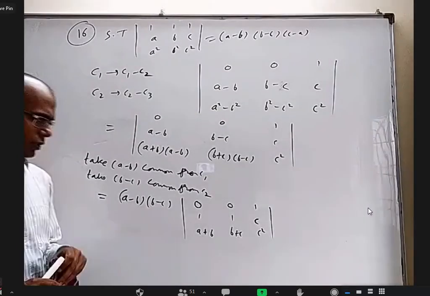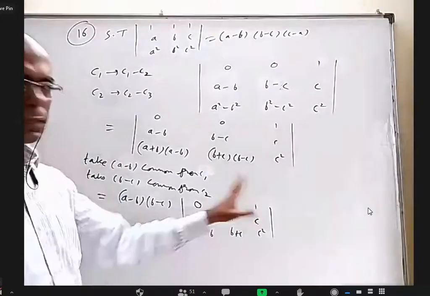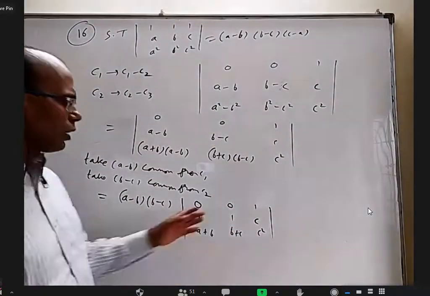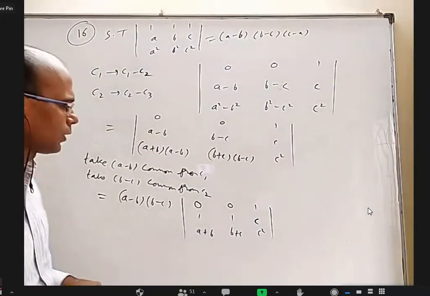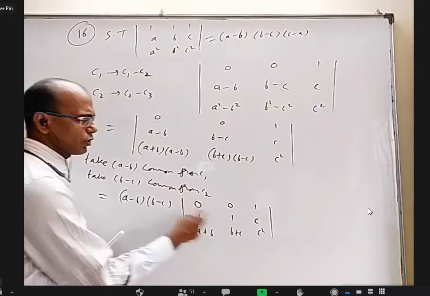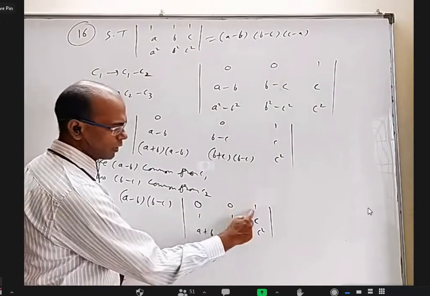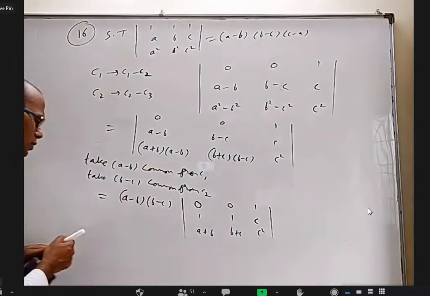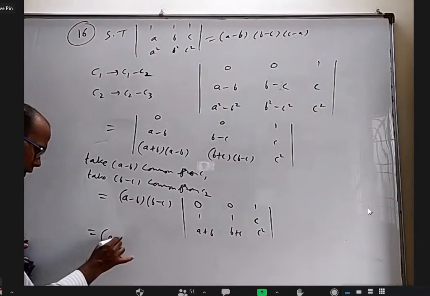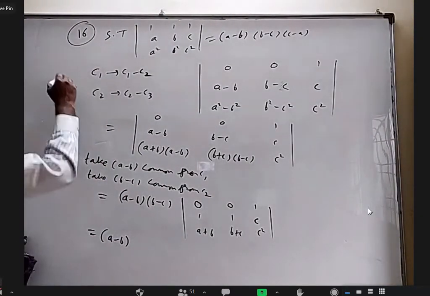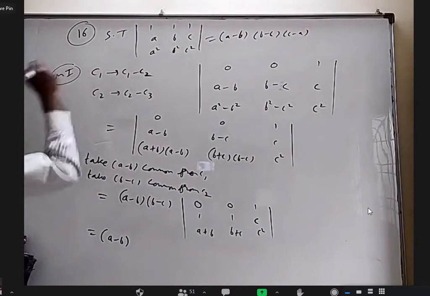Okay, so I have done this. Now I can directly expand this, or I can subtract once again. What is directly expand? 0 into anything is 0, 0 into anything is 0, 1 into this minus this into this. So A minus B. This is method 1. I will discuss another method for this.